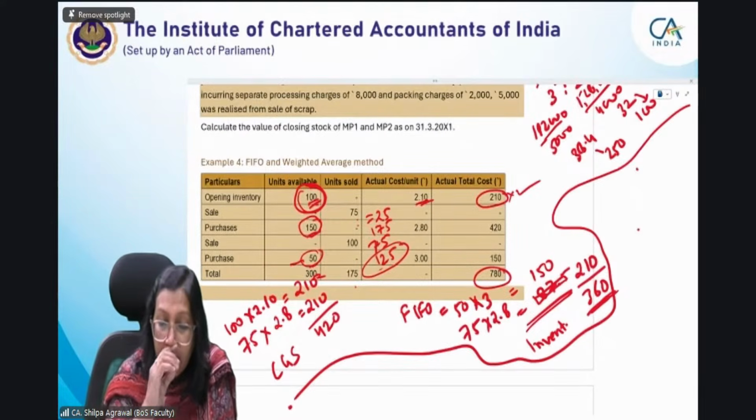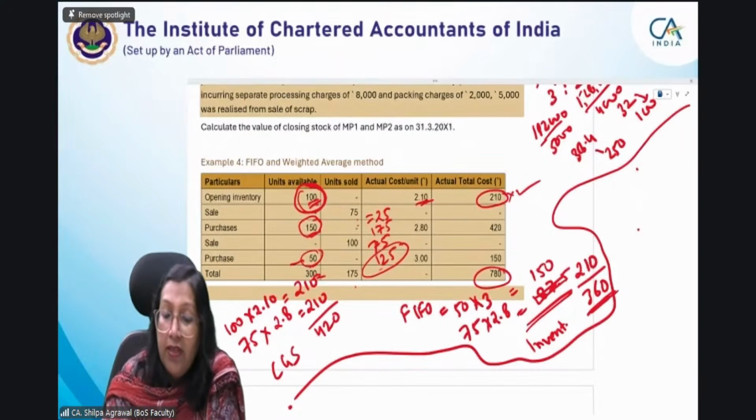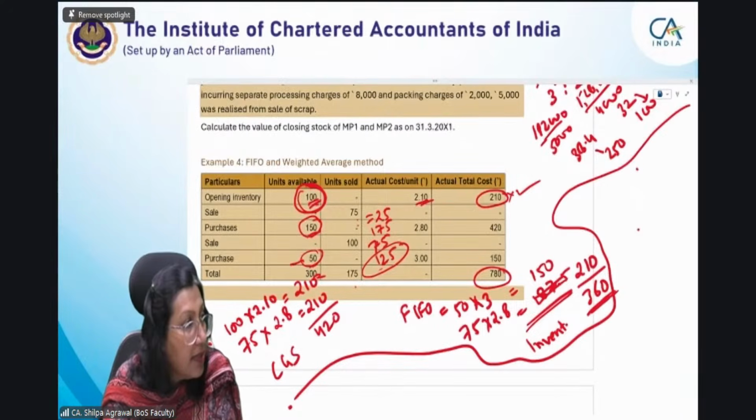When we sold 75 unit, there was only one quantity. When we sold, इसको नहीं हम हटा सकते इरेजर से? Just a minute.